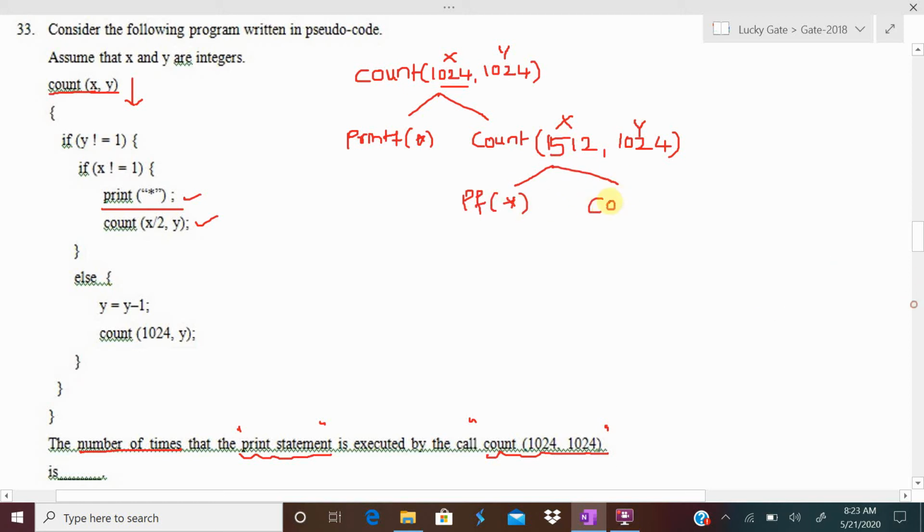Again it calls count of x by 2, meaning 512 by 2, which is 256, and 1024 is as it is. Here you observe a point. First x is 1024, next x is half, that is 512, next x is again half, 256. This means that every time x is divided by 2, making it half.